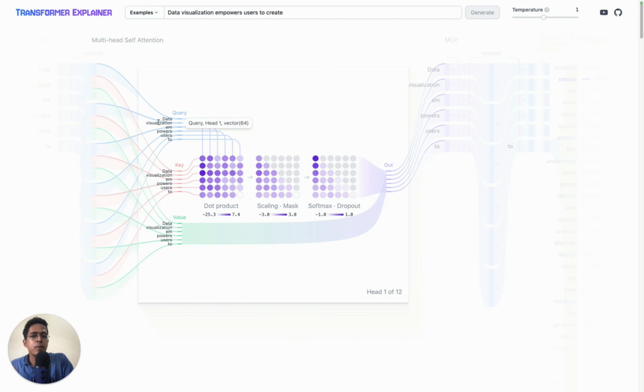If visualization is provided, it can try to predict M. If data, visualization, and M are provided, it can try to predict powers, etc. So ideally, in the training process, if only data is provided, it should not see the rest of the words. If data and visualization are provided, it should not see the other 4 words. Similarly, if the first 3 words are provided, it should not see the remaining 3 words, because it is trying to predict the next word. So the future words should not be visible to the transformer.